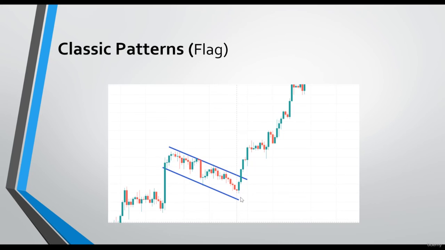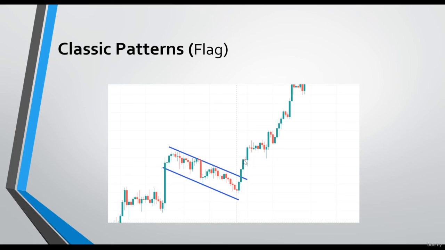And finally, whenever we have a breakout from either side, the market goes the same side. You can see in the photo that we have a kind of bullish trend. Then in the flag or in the channel, we have a bearish one, and then we have the breakout from the top, and you can see the trend has changed to bullish again.